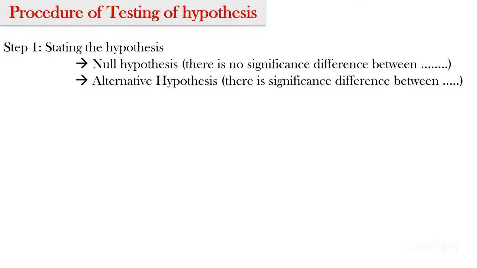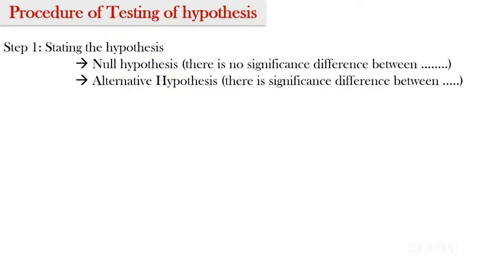So the first step you start with is stating the hypothesis. You should practice enough problems in such a way that you don't make mistakes in framing the hypothesis, and that should be very clear, as when you make a wrong claim in the beginning, of course your conclusion will also go wrong.